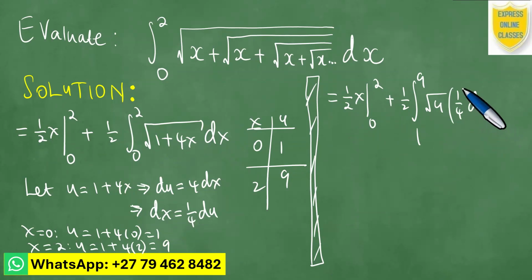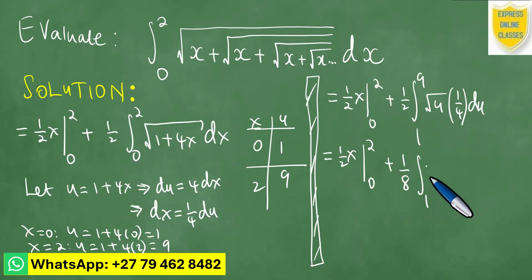Exactly in this fashion. So we still keep this one here. Of course, we can simplify that. But if you multiply 1/2 and 1/4, we get 1/8 of the integral. And you have exactly this here.